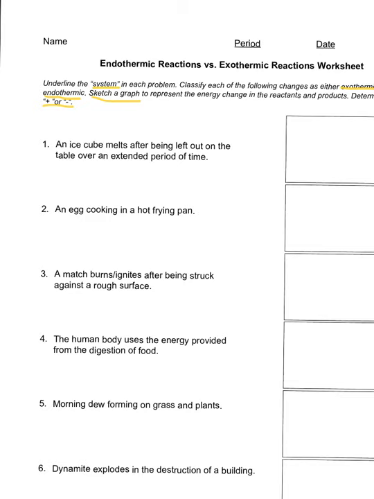So an ice cube melts after being left out on the table for an extended period of time. Well, let's look at this from the ice cube's point of view. So an ice cube is melting. So in order for an ice cube to melt, ask yourself, does heat have to go into the ice cube or does heat have to leave the ice cube for the ice cube to melt?